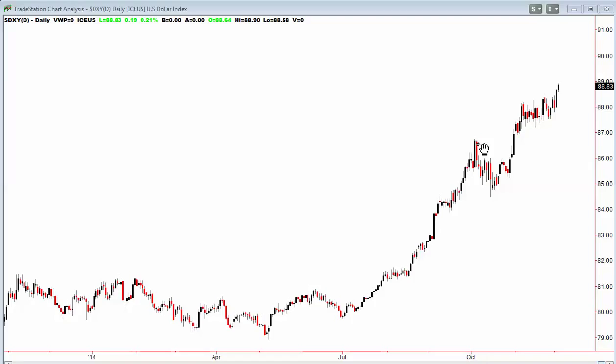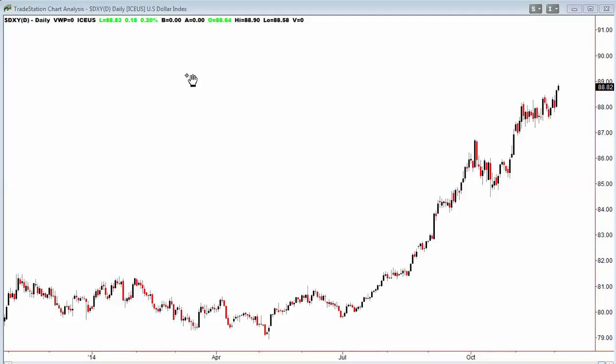Now, one of the ways you can use the dollar index is to compare the chart to another chart such as the Euro US dollar. So what I'm going to do is show you the correlation between the two.